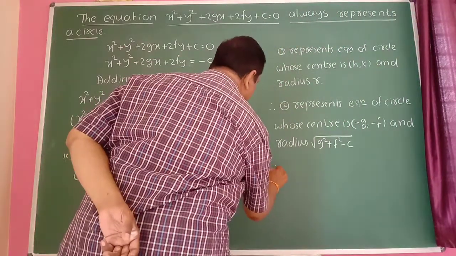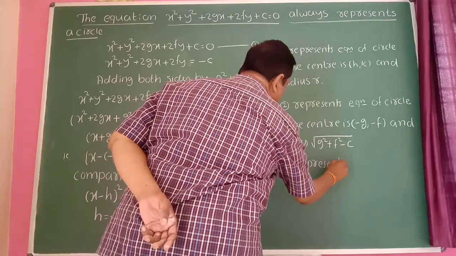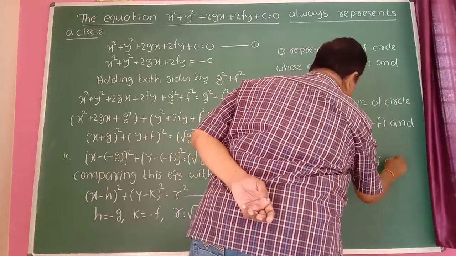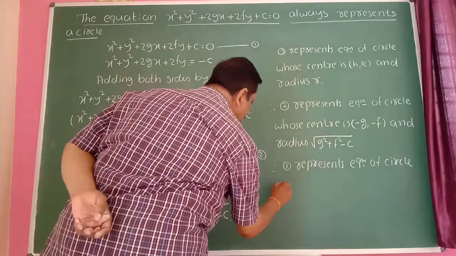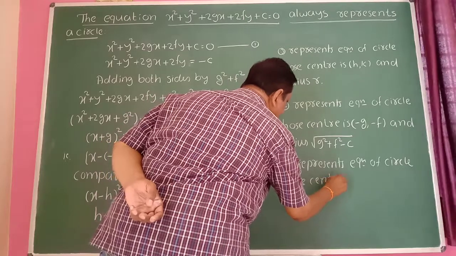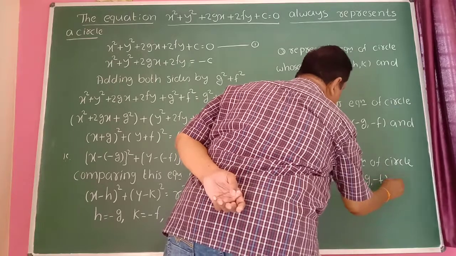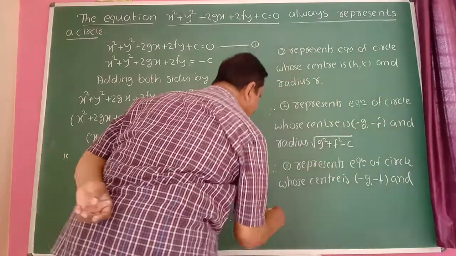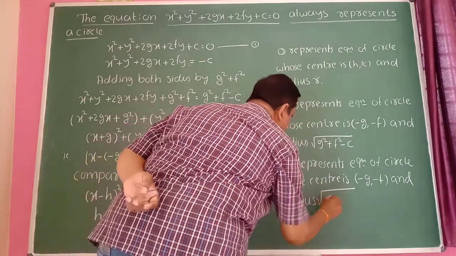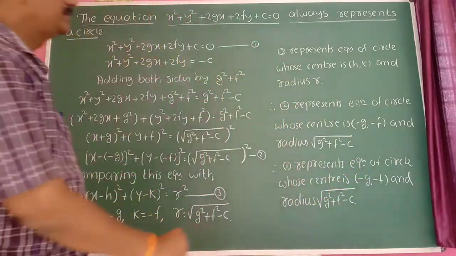Therefore, equation of a circle whose center is (-g, -f) and radius is root of g square plus f square minus c.